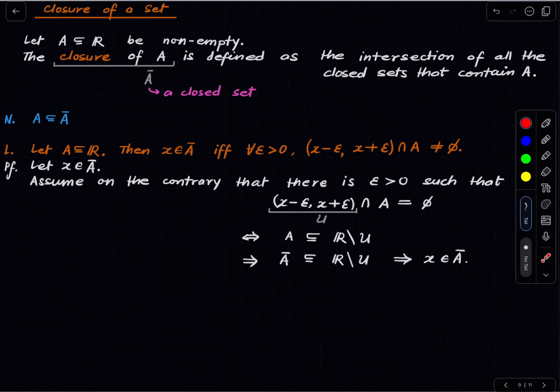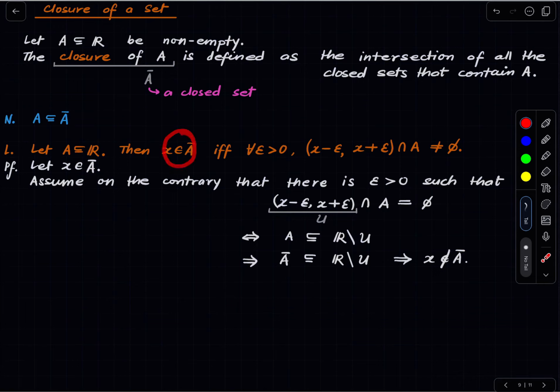Why? Because x is in U, and this shows that A closure is completely away from U and hence from x. So x is not in A closure, but we started with the assumption that x is in A closure, and that's a contradiction. So this direction is fine.